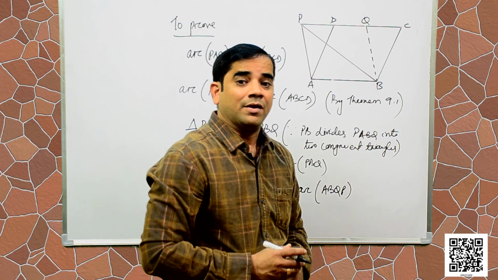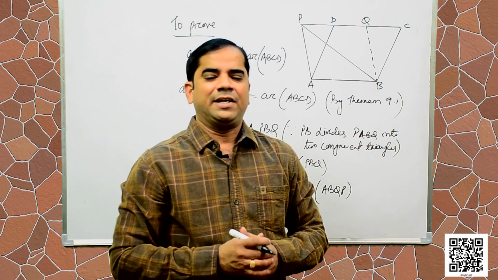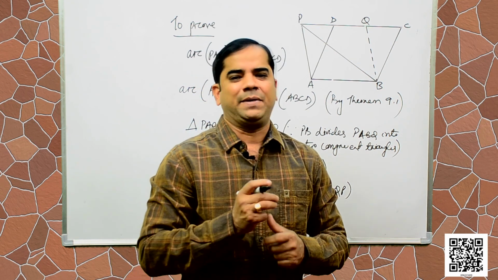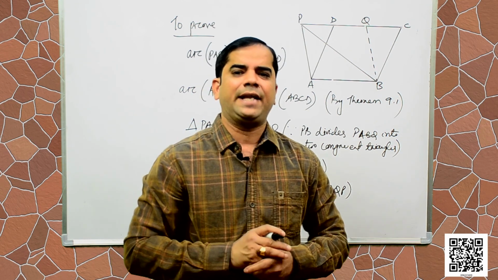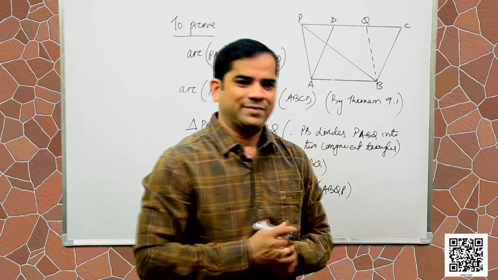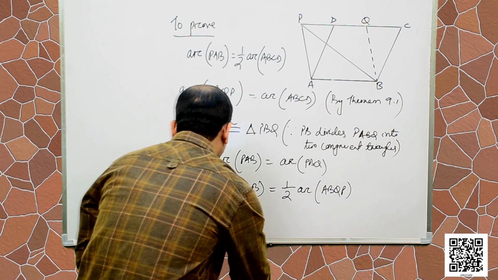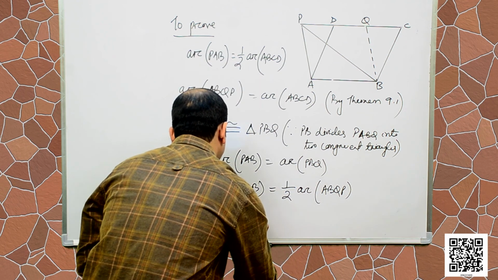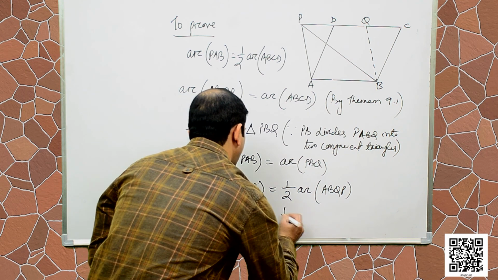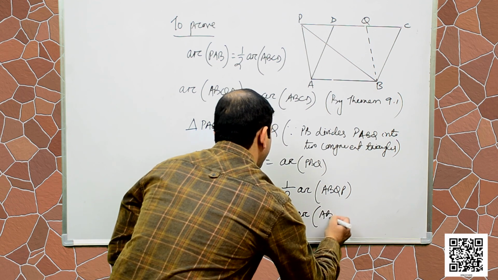Okay. This gives area PAB is equal to half area ABCD. Why? Because area of both the parallelograms are same. So, it implies area of triangle PAB is equal to half of area ABCD.